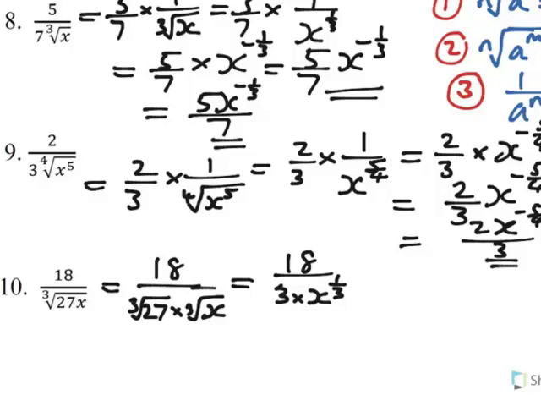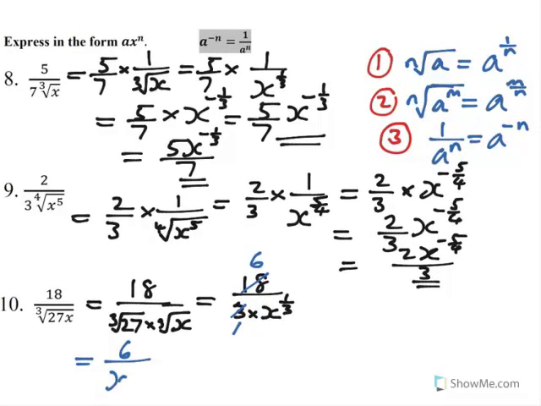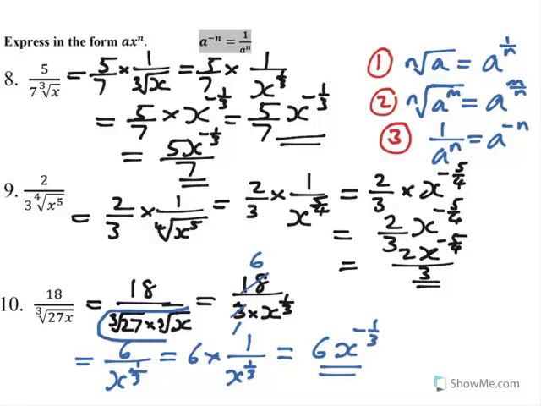Okay? And the 3 and the 18 will cancel to leave you a 6 at the top. So we get 6 over x to the power of a third, which is 6 times 1 over x to the power of a third. And using rule number 3, this becomes 6 times x to the minus a third. And I'm missing out the times sign. This is the bit you need to go back and have a look at tutorials on how to do that. Okay? Or find out how to go from there to there.